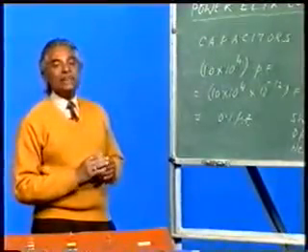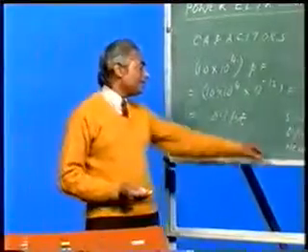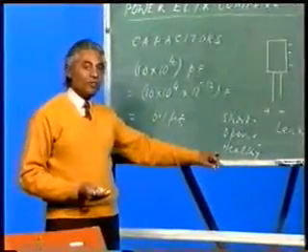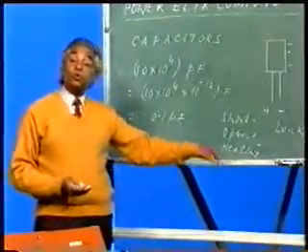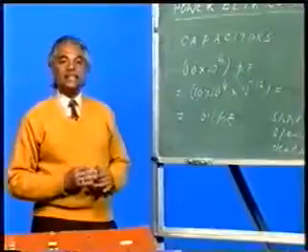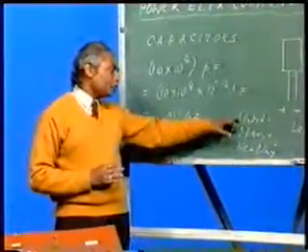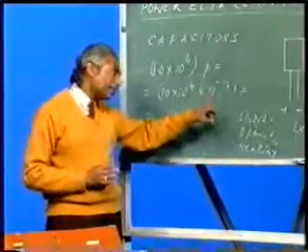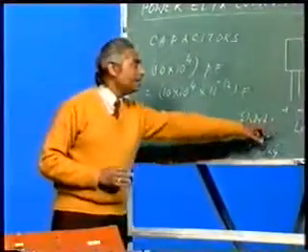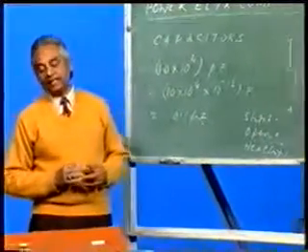Now if a capacitor shows charge and discharge, that means it is a healthy capacitor. But if it shows the charge but does not show the discharge, in that case we will say that it is not a healthy capacitor. It is not short, it is not open, but at the same time it is not healthy. It is a leaky capacitor, and such capacitors should not be used in any circuit.